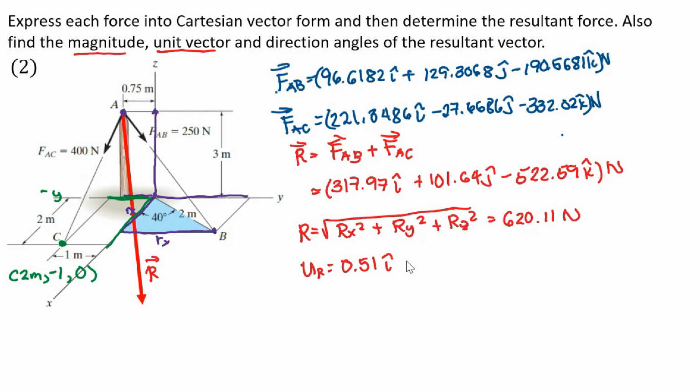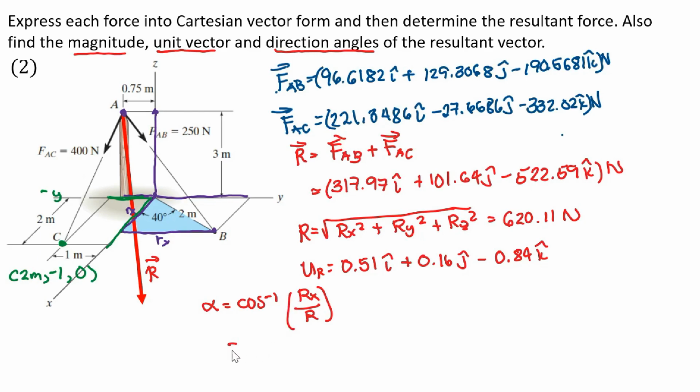So that is positive 0.16 j hat. And for k, that is negative 522.59 divided by 620.11. And that is negative 0.84 k hat. And lastly, for the directional angle, for alpha, that will be arccosine of Rx over the magnitude.